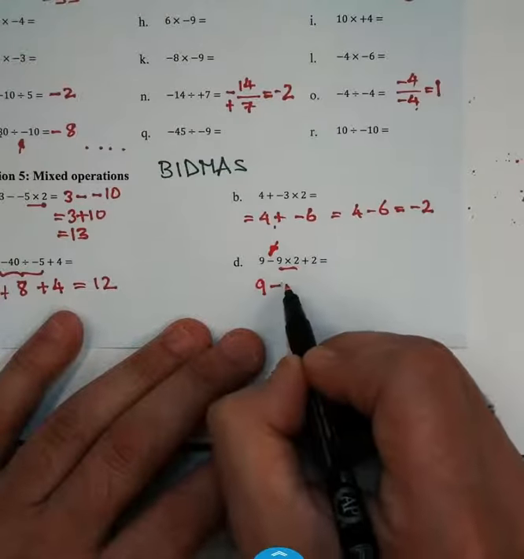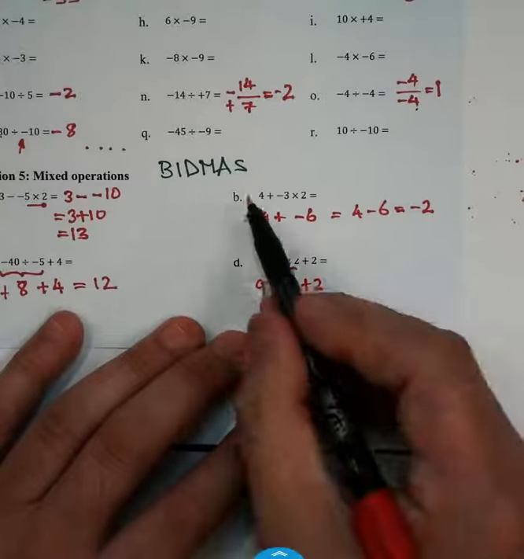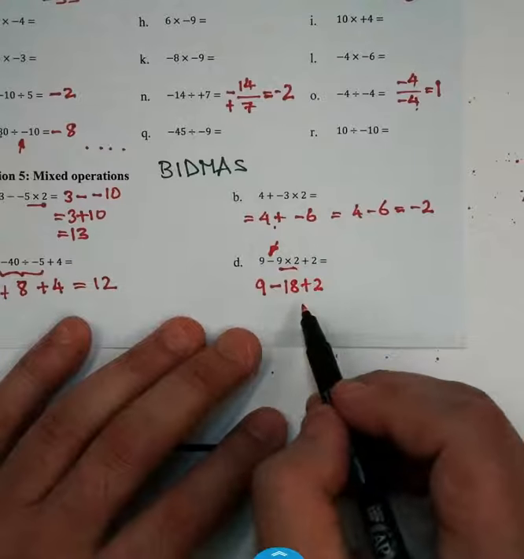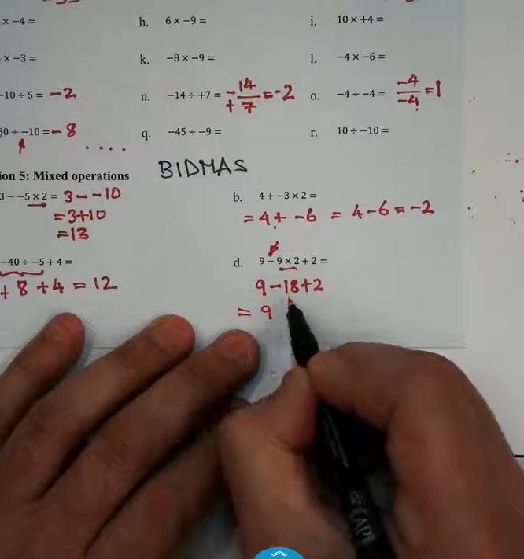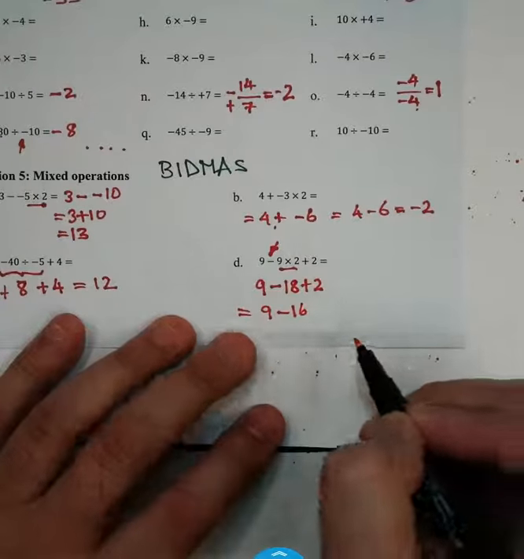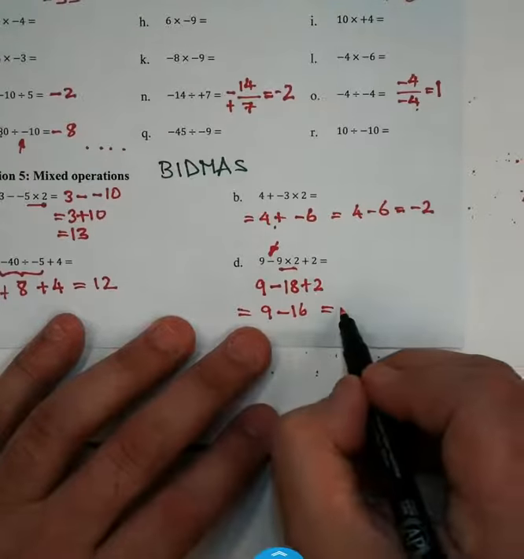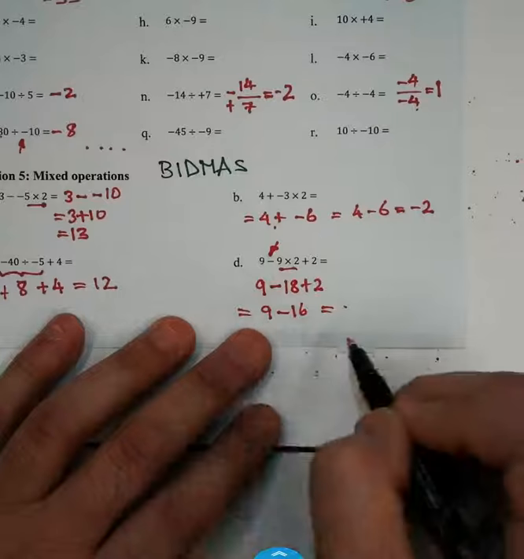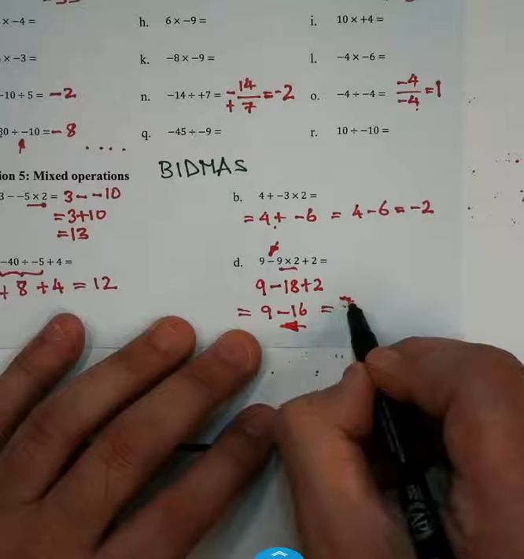So we have minus 18 here. Then you add the 2. Now the next one we should do is obviously addition and subtraction. Doesn't really matter which one you do first, but let's just do the addition. 9 minus 18 plus 2 going to the right gives you minus 16, and finally 9 minus 16 will give you, going towards the left, a minus 7.